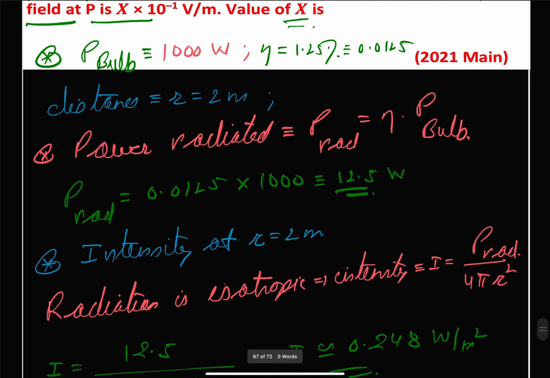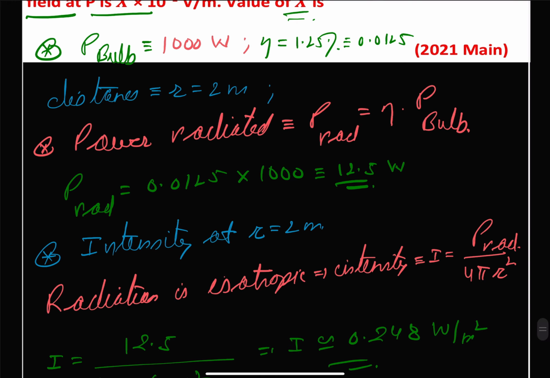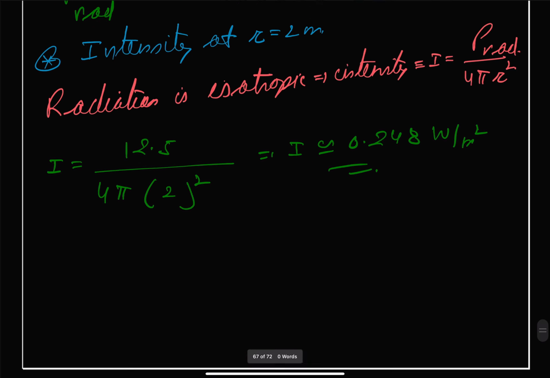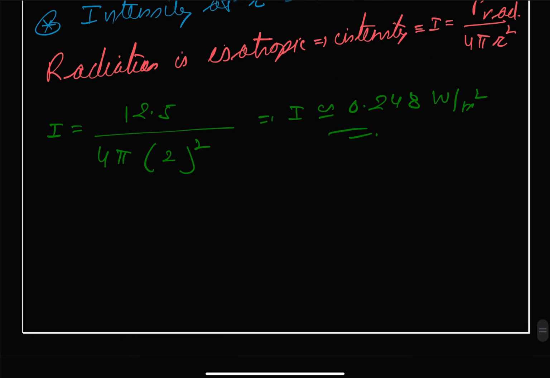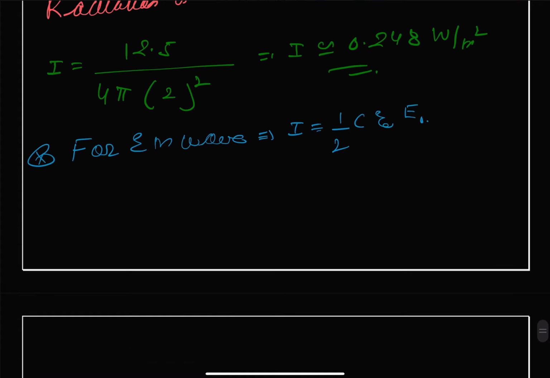Okay, and we are supposed to find out the peak electric field. Okay, and we can say that for EM wave, we know that our intensity is equal to half C epsilon naught E naught square.